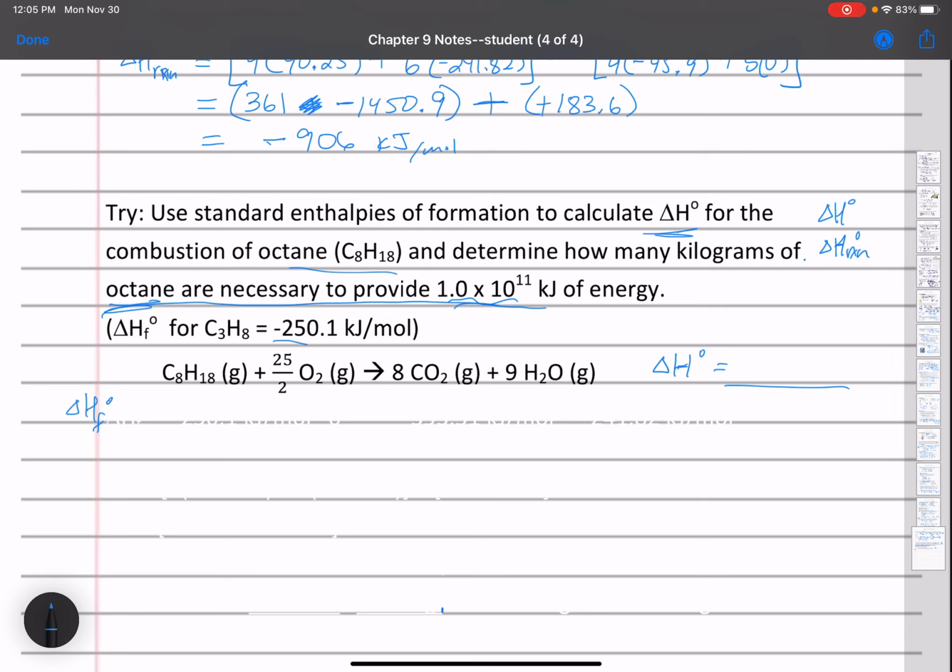What is the standard heat of formation for octane? Not very helpful. I'm going to look it up. Standard heat of formation octane.